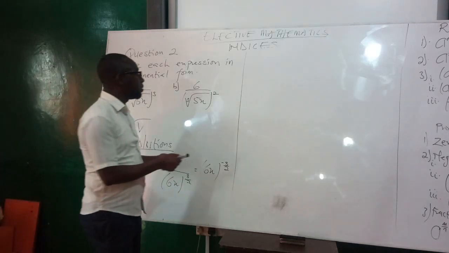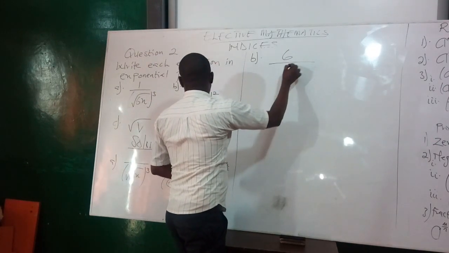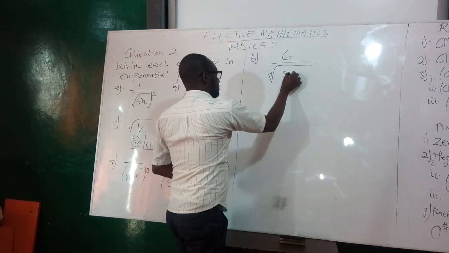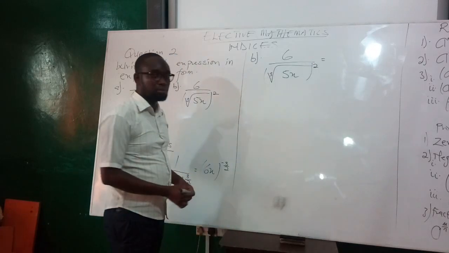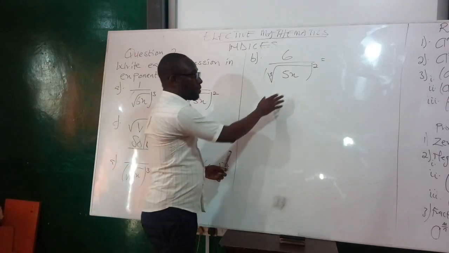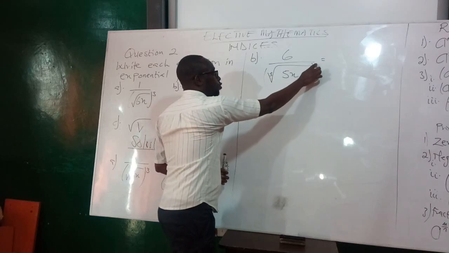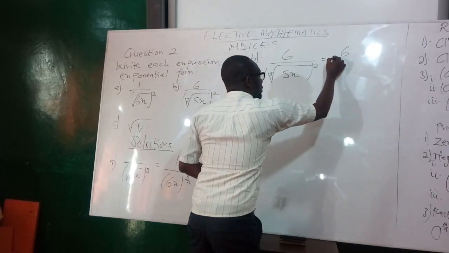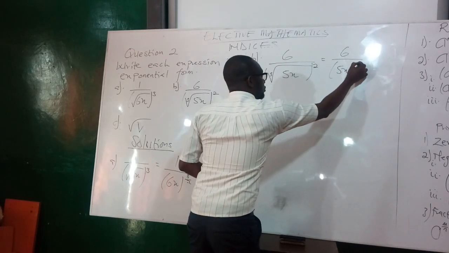Now let's look at question B. Now let's start from the denominator. So now the number here is 3, so it becomes 2 over 3, our exponent. So you can write this as 6 over 5x, then we have 2 over 3.